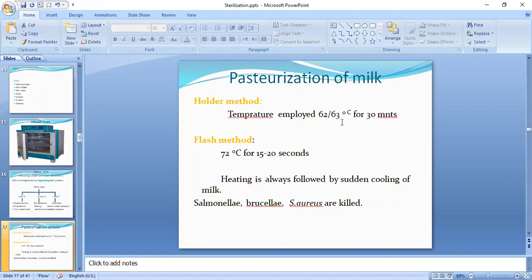The other method is the flash method, in which the temperature is 72 centigrade and this is applied for 15 to 20 seconds.